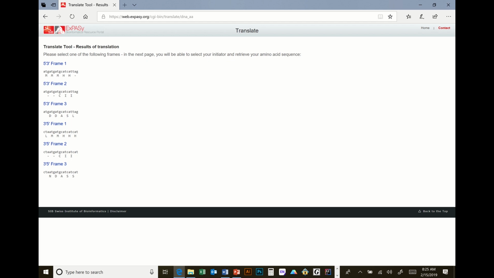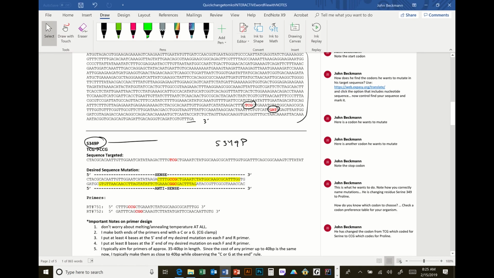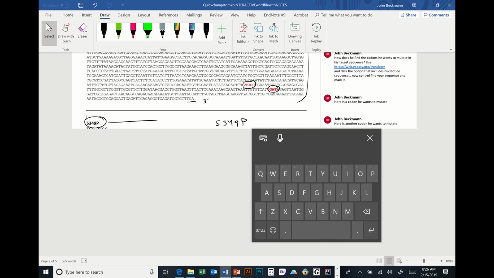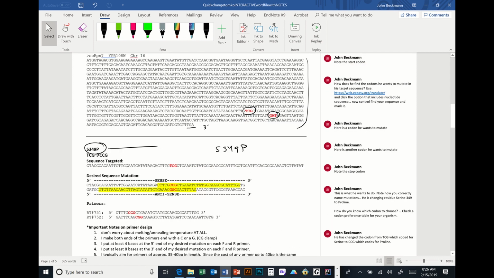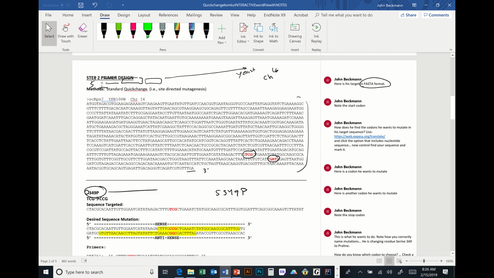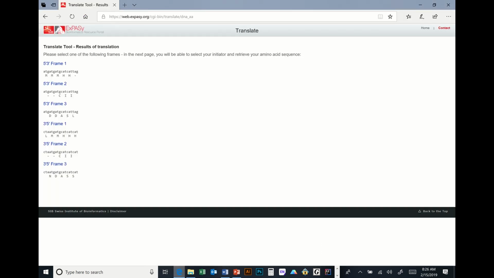Okay. So now, in the protocol, what he wants to mutate is S349P. So we would have taken this whole sequence and copied it and put that into ExPASy Translate, and we would have chosen to show the nucleotide sequence, and then we would find the right frame of reference that we're looking at.